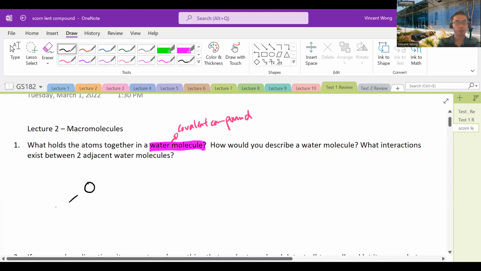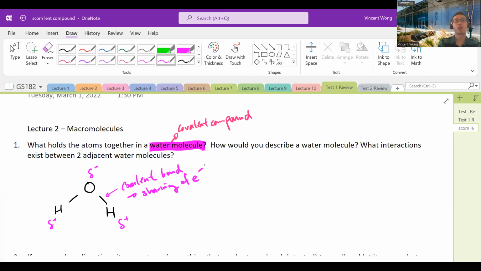If you have your water right here, H2O, it is going to be slightly negative on the oxygen and slightly positive on the hydrogen. And this bond here that's connecting the O and the H, we call that the covalent bond, which involves the sharing of electrons. And for ionic bond, it would be a transfer of electrons.